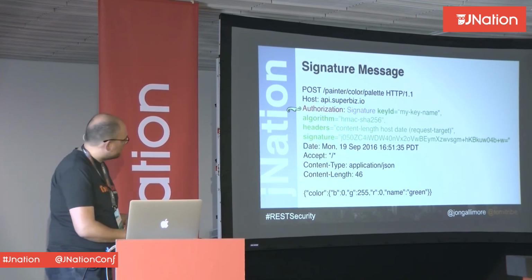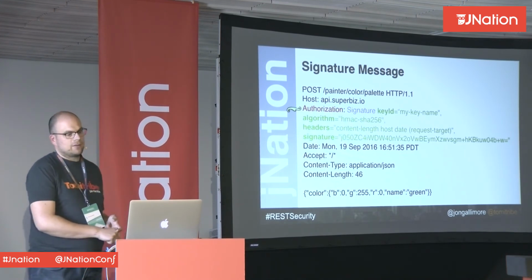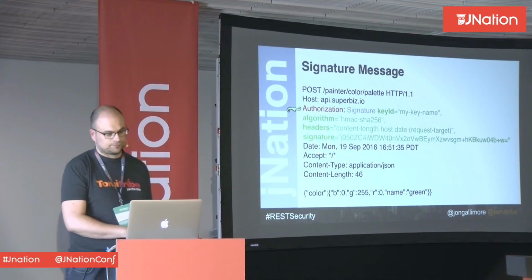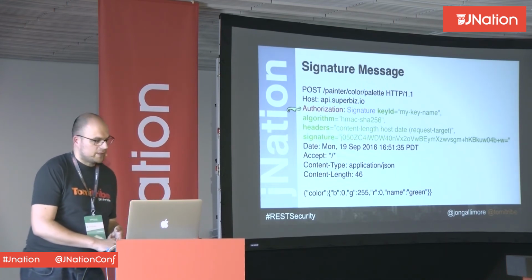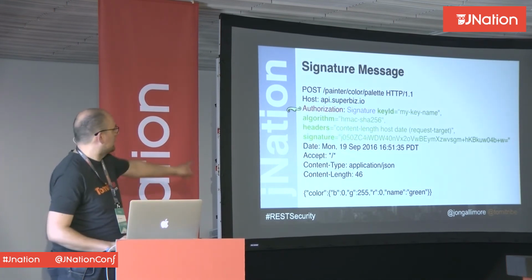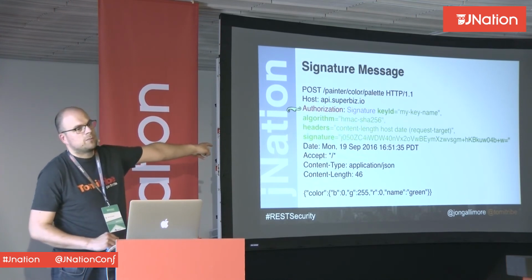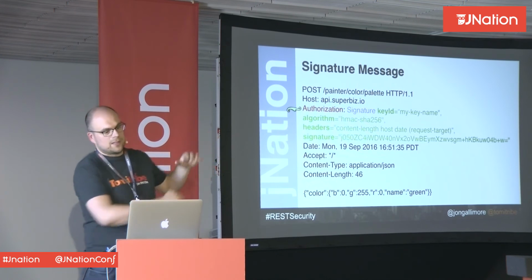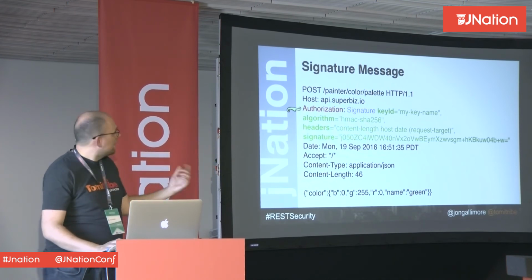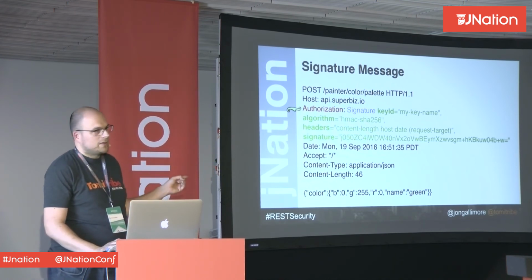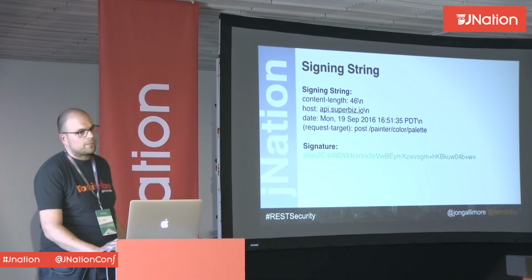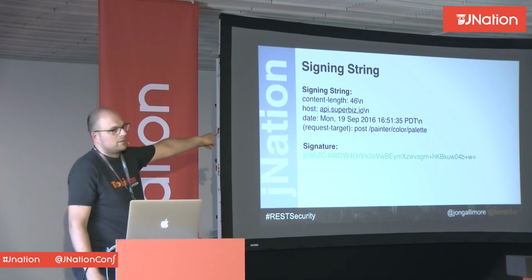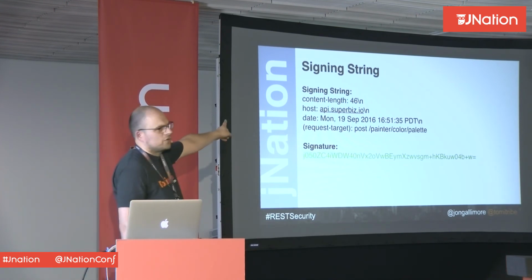The client is then choosing a number of headers in the message to form the signature. And then the signature that is here is computed by putting those headers together and then signing it using that key. So the way that the signature is actually created is we create a signing string from the specified headers. They are just key value pairs, and they're concatenated together just using a new line.